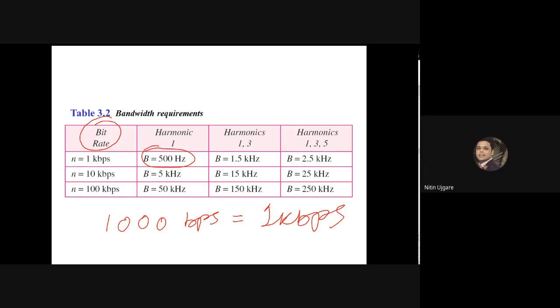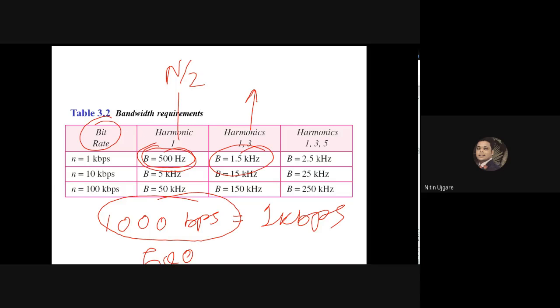Just remember the formula: for the first harmonic it is n by 2, for the second harmonic it is 3n by 2, and for the third harmonic it is 5n by 2.